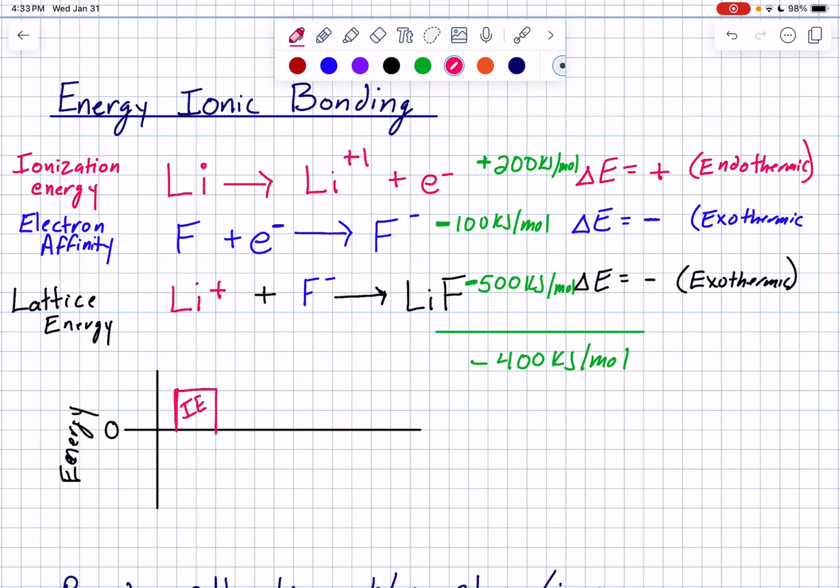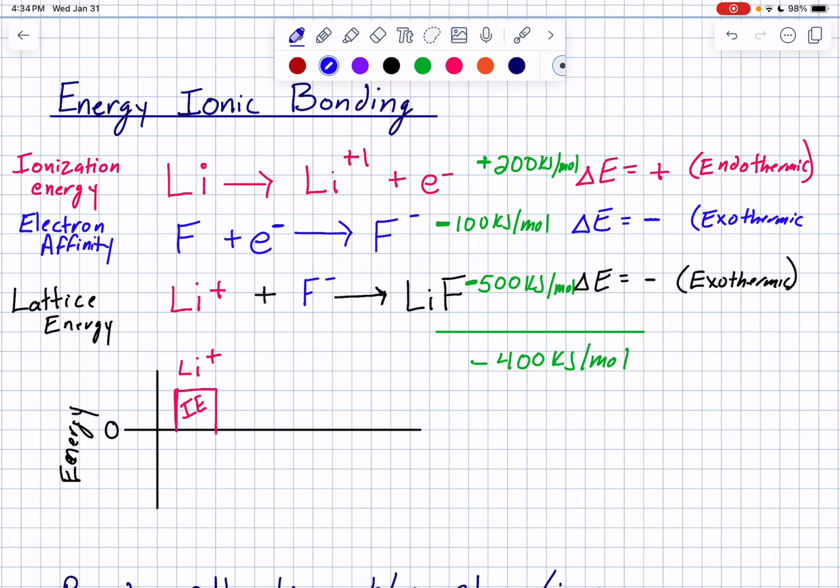So it could be any cation, whatever we're talking about in any compound. Just make sure you write the ionic formula, meaning the symbol with its charge. For example, if this were beryllium, then it would be Be plus 2. If it were aluminum, it would be Al plus 3 that you would label above the ionization energy bar.